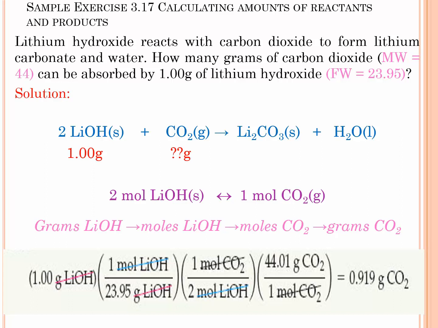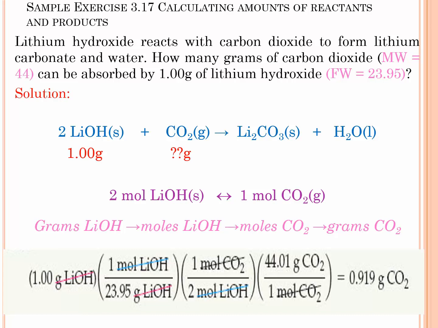Then in one step here, grams of LiOH is converted to moles. This cancels with this, and then moles are converted to moles of CO2. Notice that we multiply by 1 over 2. This cancels with this. And finally, we multiply by 44.01 grams.